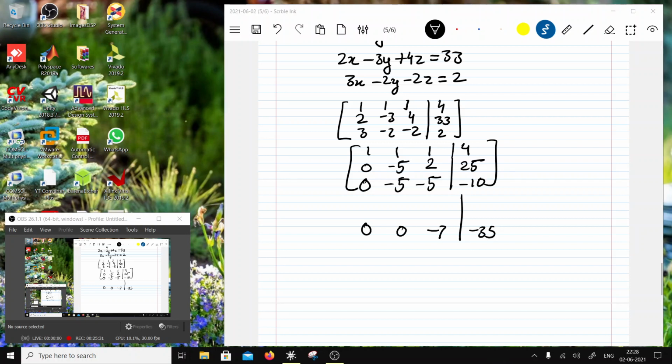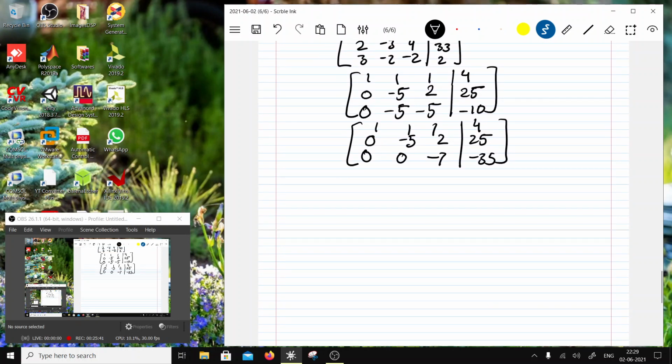And then I have 0, minus 5, 2, 25, and then I have 1, 1, 1, and 4. Correct. So this matrix is equivalent to the above two matrices.